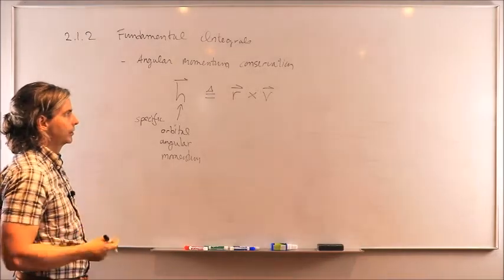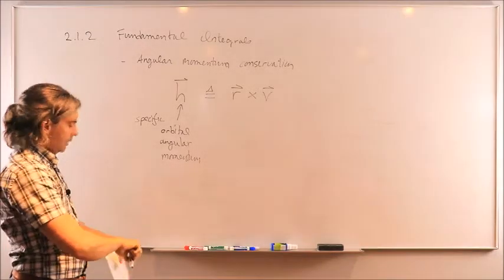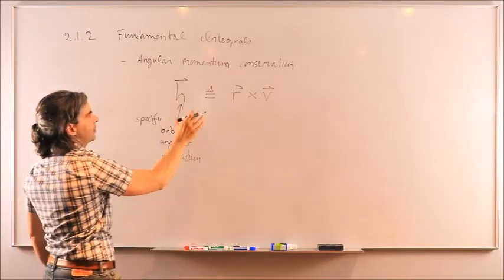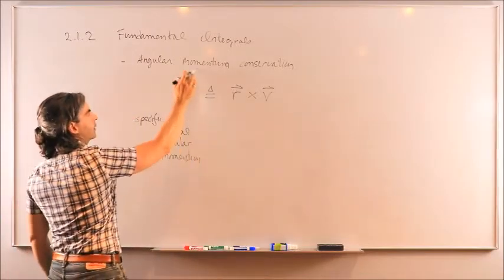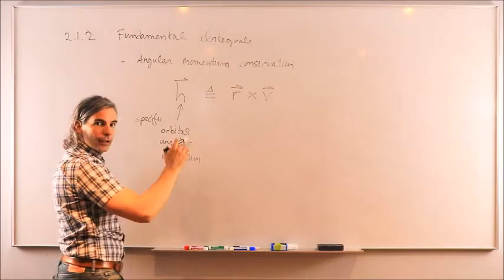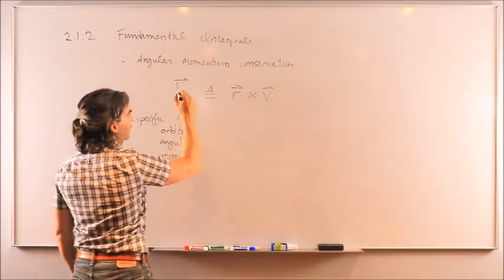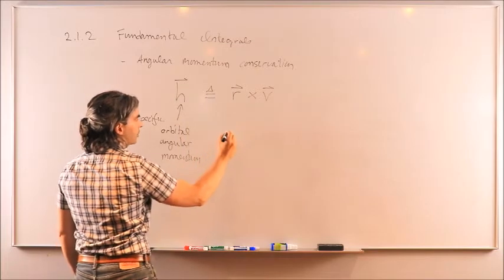But through various wording. So if our objective in here is to demonstrate that the angular momentum of our spacecraft on orbit is conserved, well, guess what? We'll look at taking the derivative of that expression.